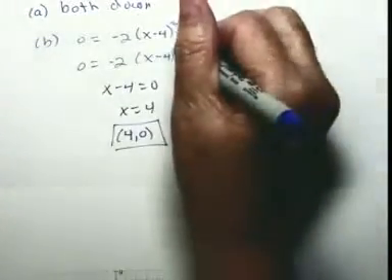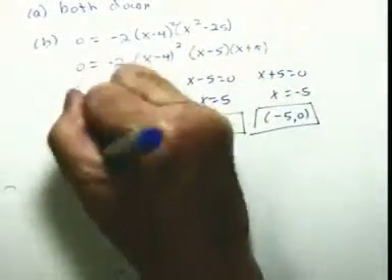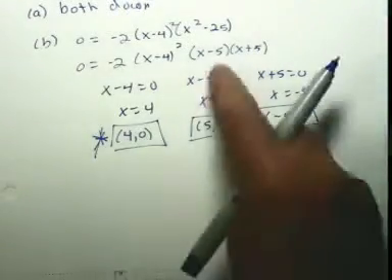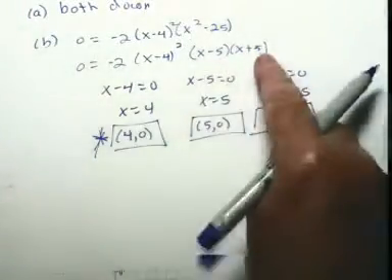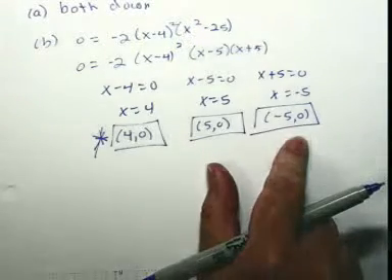Now, remember to look at this squared. The 4 is going to be a touch and turn, but when I factored it into x minus 5 and x plus 5, these each occurred once.